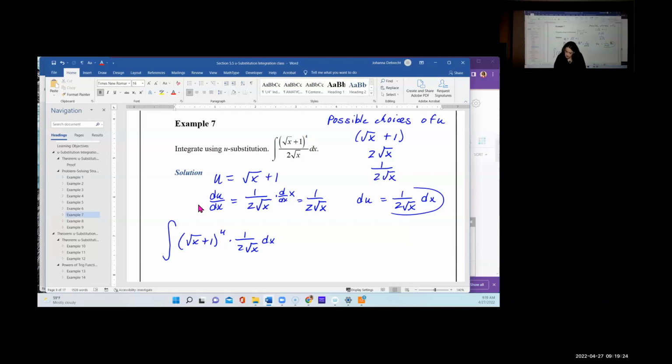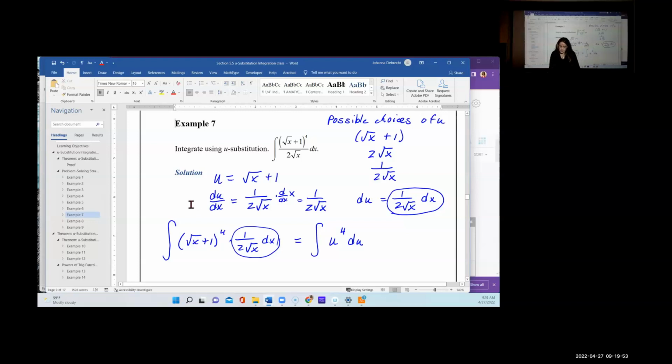Do you see that this piece right here is exactly that piece right there? Since they're exactly equal, then you can go ahead and make a substitution for the whole thing at once and call that whole thing du. And then we replace the base to the power function with u. So we get u to the 4th du. Right?